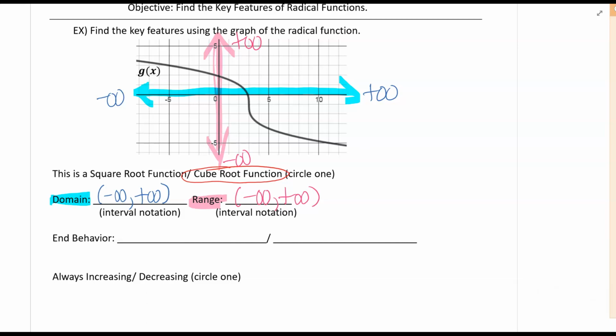So let's look at the end behavior. Here, let's look at this side. Again, it doesn't matter which side you look at first, as long as you have the right going the right direction and the left going in the right direction. Okay. So this one over here, is that the left or the right side? Right side, and it's going up or down? Down.